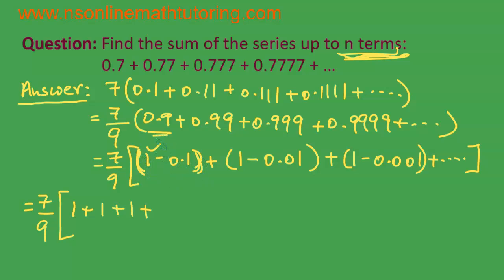I have converted each single number to 2 terms. So from every group of 2 terms, I am getting a single 1. And how many groups are we having? Obviously, there will be n groups because there are n terms. So, you will be having n ones. Let me write n terms.